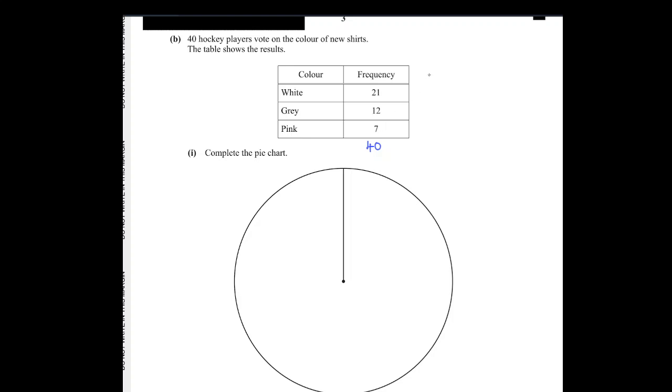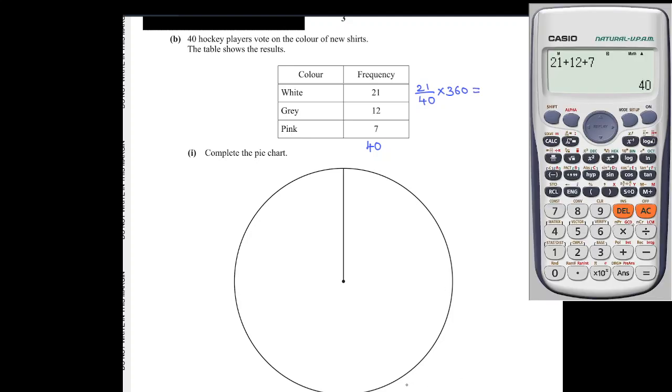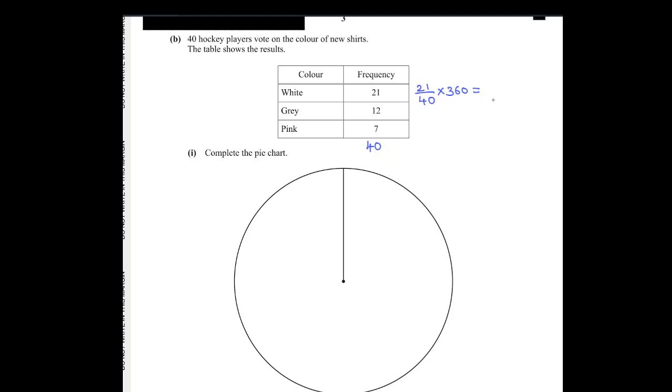Now out of 40, 21 people voted for white. So for white, the sector angle will be 21 divided by 40 times 360. 21 by 40 times 360 is 189.